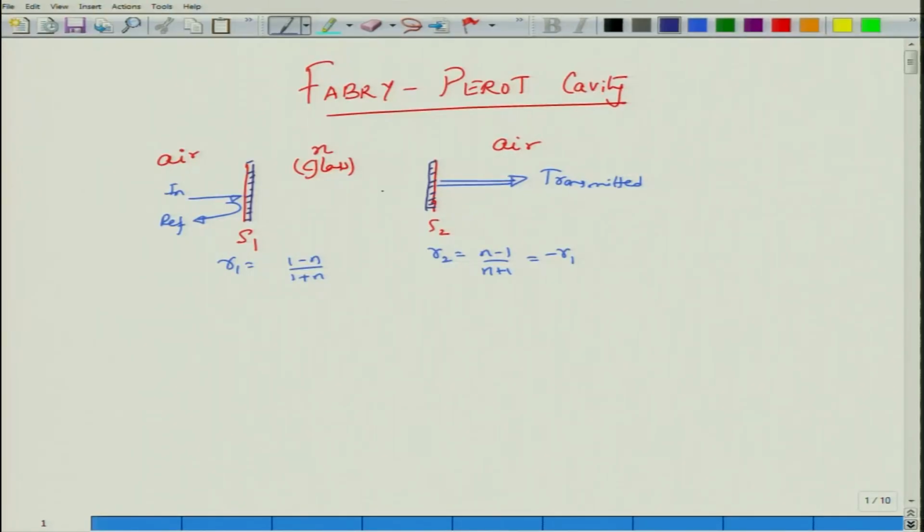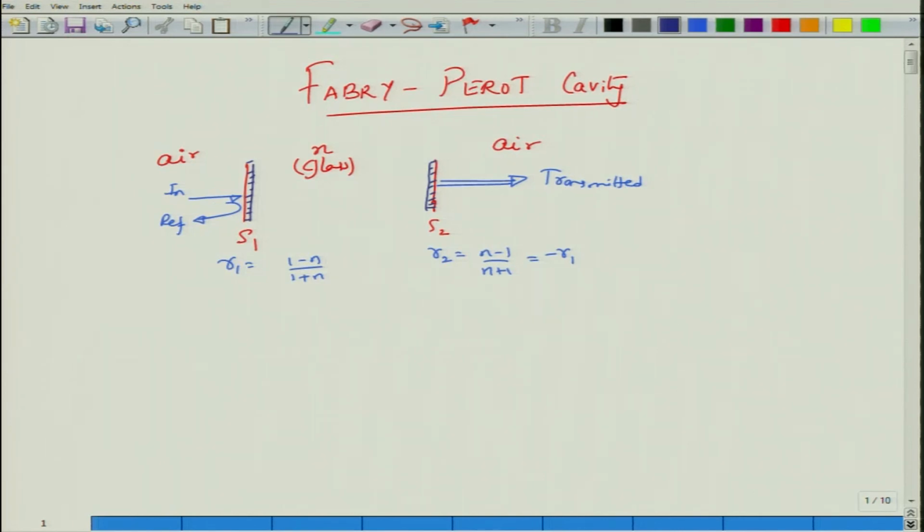We analyze that by using the approaches that we have developed and the equation that we have seen in the last class. Because this consists of a single film having two mirrors, you will have two matrices S1 and S2 that we saw in the last class. For simplicity, we will assume only normal incidence, although we will later show what happens with obliquely incident light on this Fabry-Perot cavity.